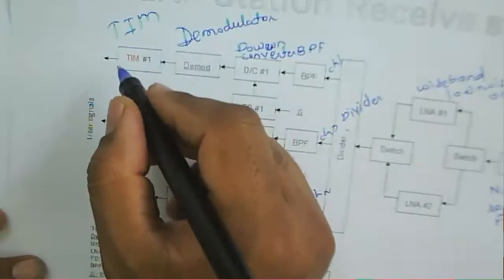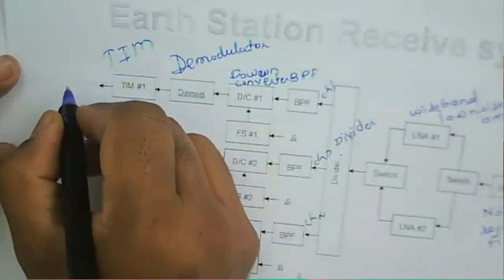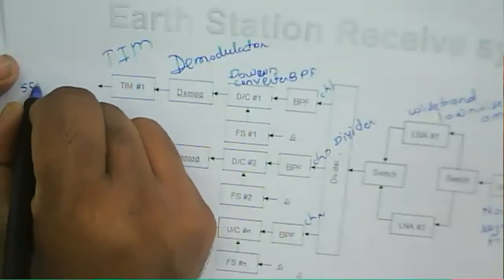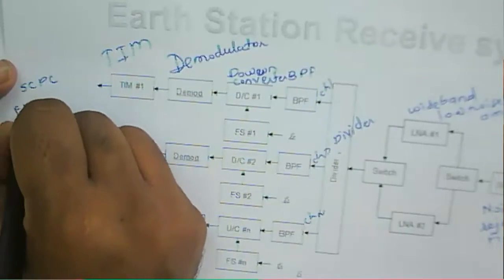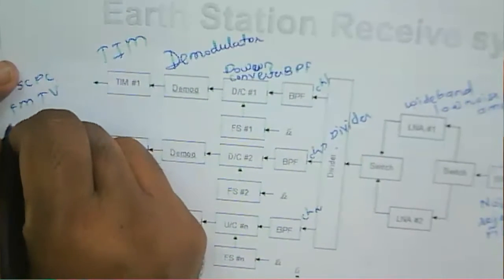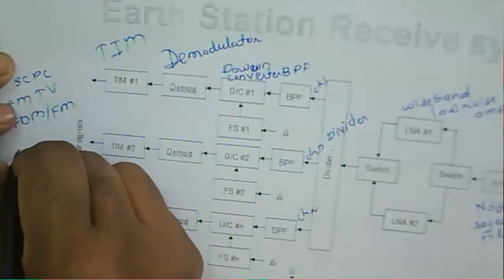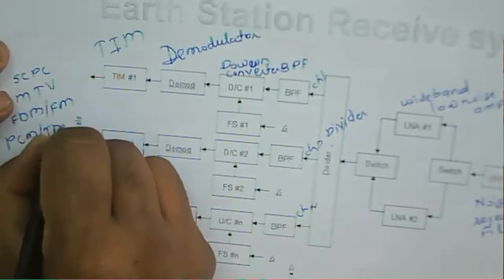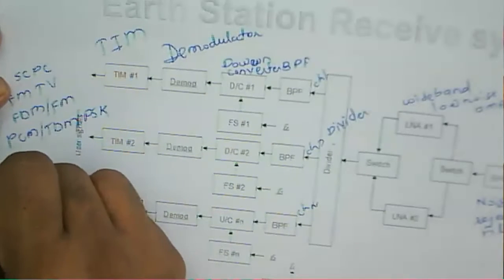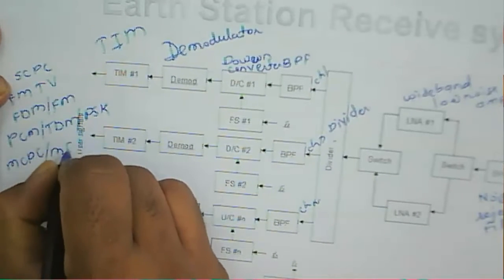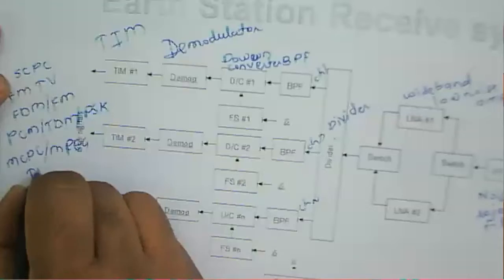And that terrestrial interface module has different channels. It has input from a single channel per carrier, such as an FM modulated TV signal, or a frequency division multiplex signal with FM modulation, or a PCM or TDM PSK modulated signal, or it has multiple channel per carrier, MCPC, such as MPEG TV channels.